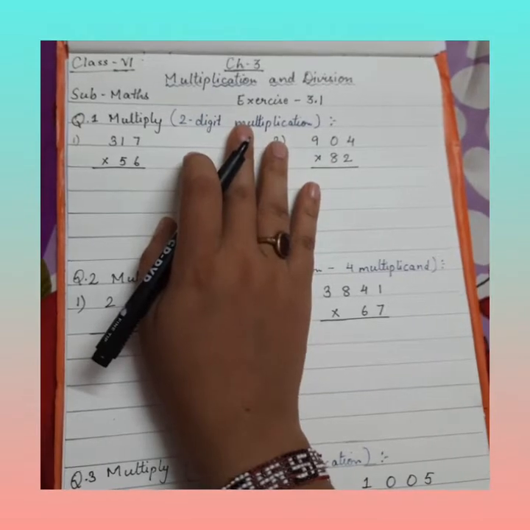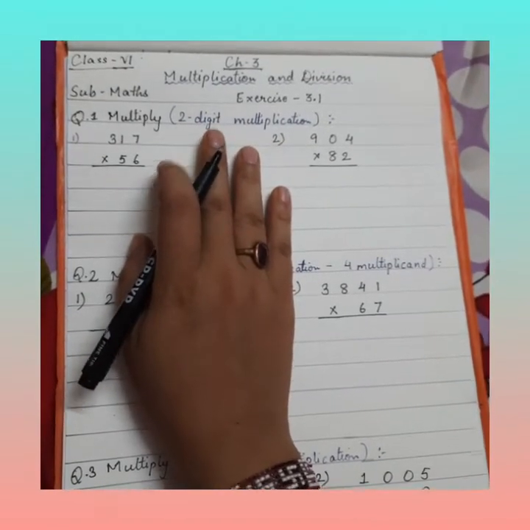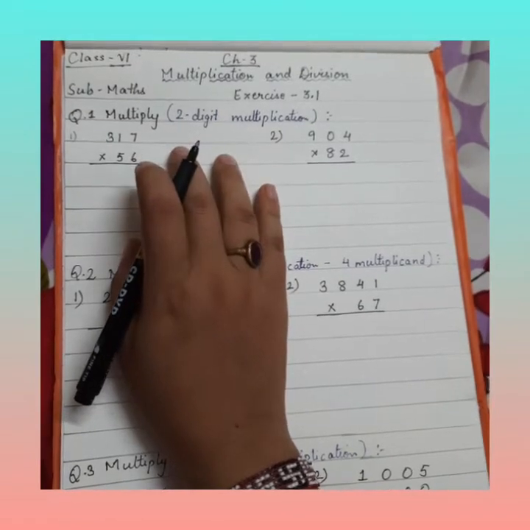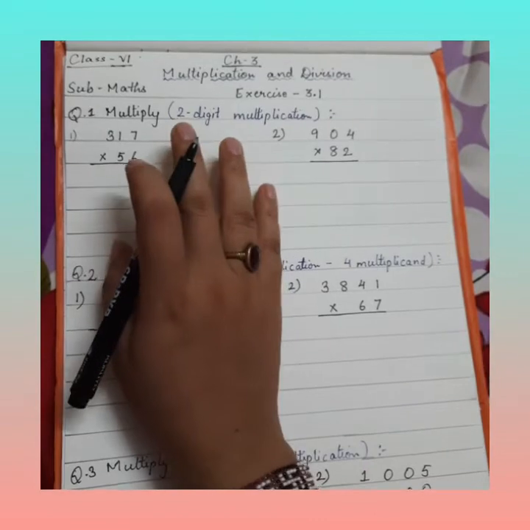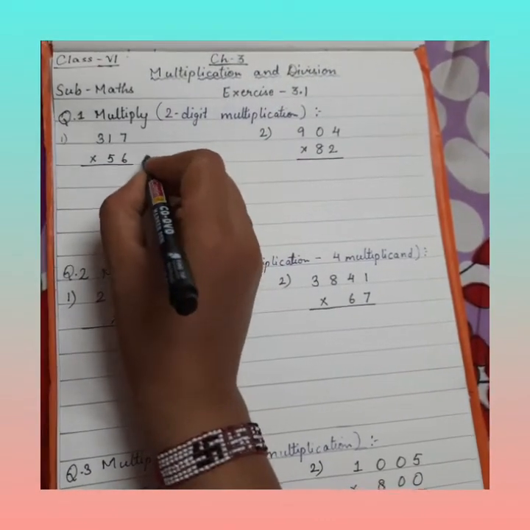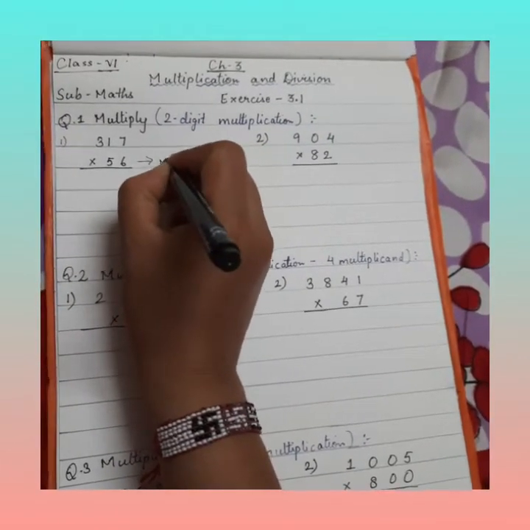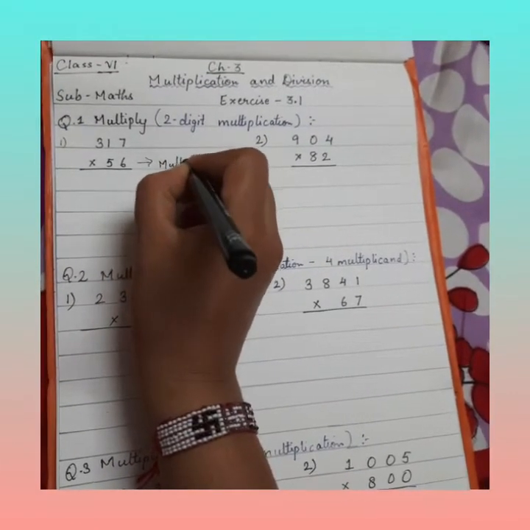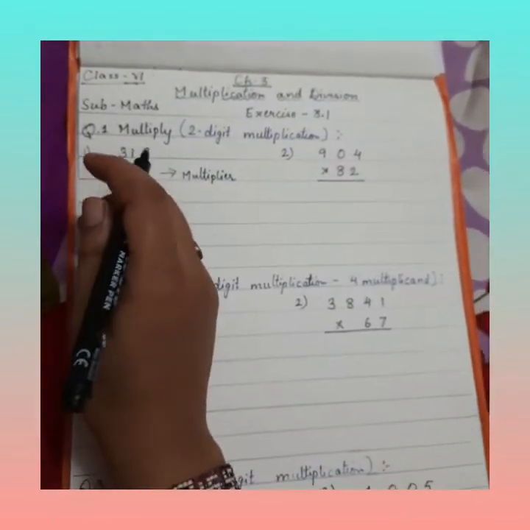Exercise 3.1 is totally based on multiplication sums, and multiplication can be categorized on the basis of only the multiplier, by which the given number is to be multiplied.